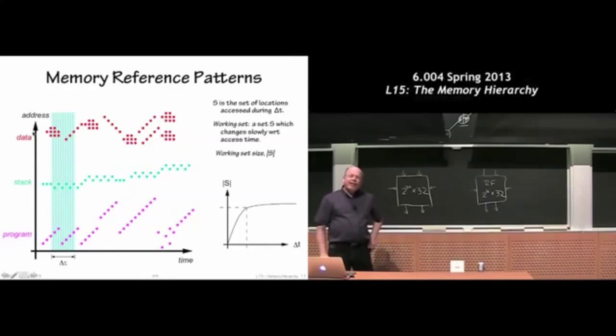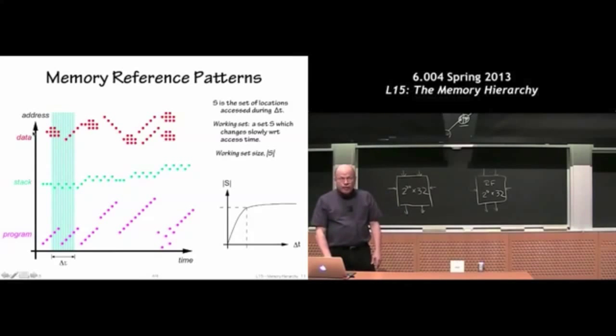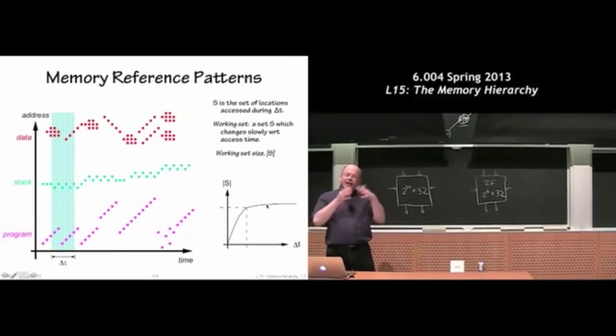Okay, and in fact, if we make that blue region wider and wider, and say, well, if things are not well behaved, the wider we make it, the more locations we would expect to be accessed. But in fact, for most programs, you'll discover that the number of locations that are accessed, for any given little span of time, at some point dramatically drops off.